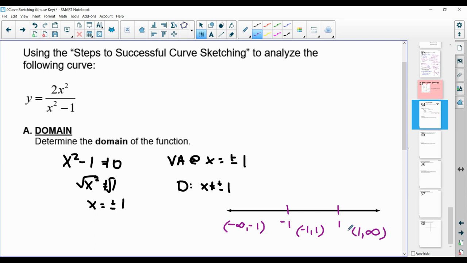And if we were writing this using the set notation that we've used before, our domain would go from -infinity to -1, union -1 to 1, union 1 to infinity. So that's where we start off. We're looking for our domain. And again, by looking for domain, we're essentially looking for our restrictions.